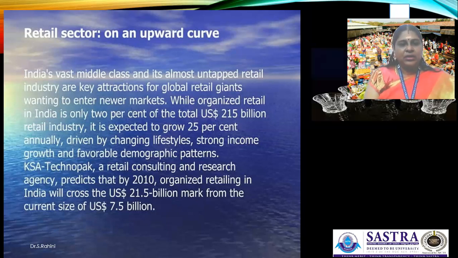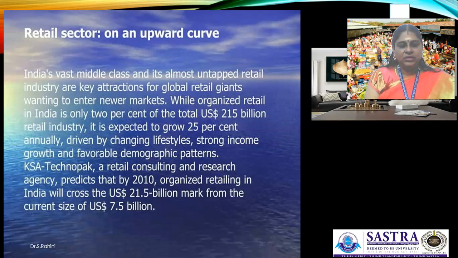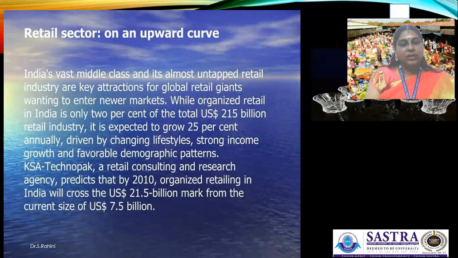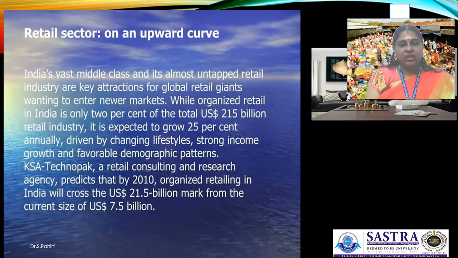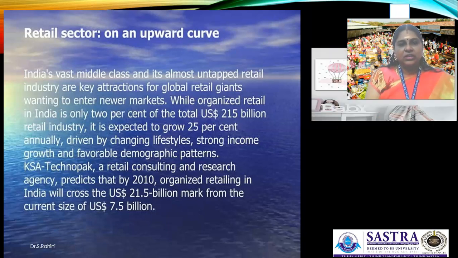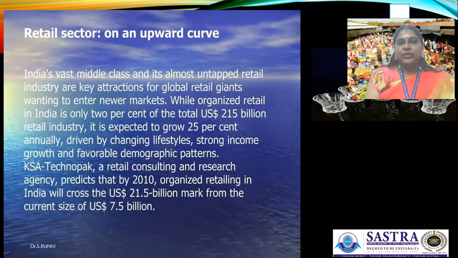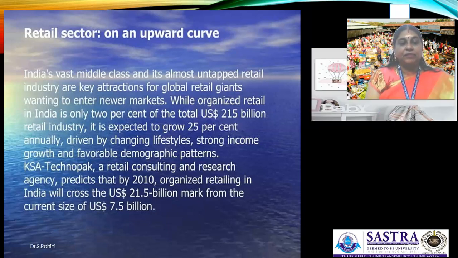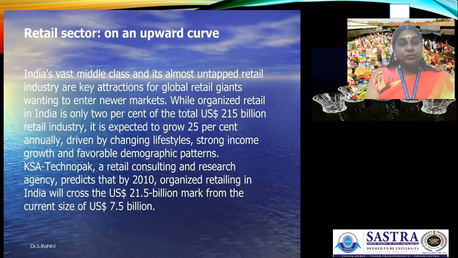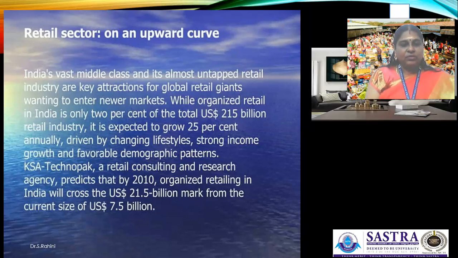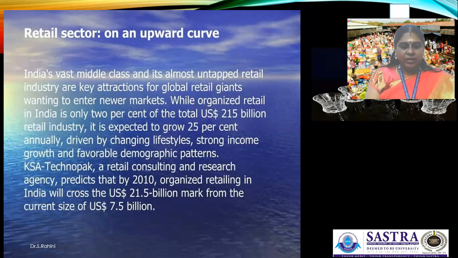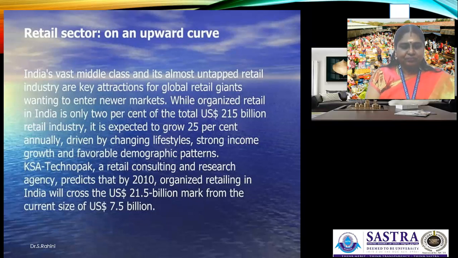Retail consulting and research agencies predict that organized retailing in India will cross the 21.5 billion mark from the current size of 7 billion. That was alarming, and this is the recent trend where it is coming true.